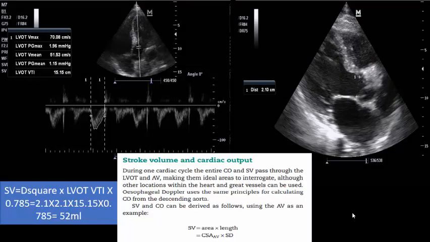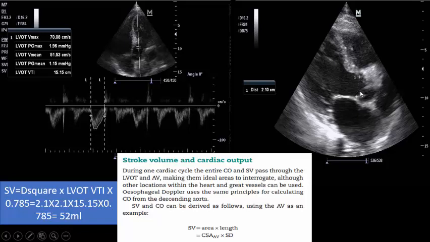And to confirm the efficiency of the left ventricle, we measured the stroke volume by the Doppler method. Very easy. We are talking about advanced critical care echo.